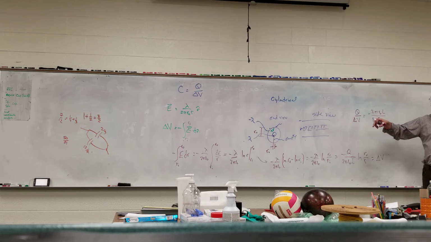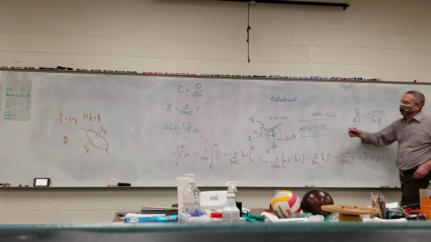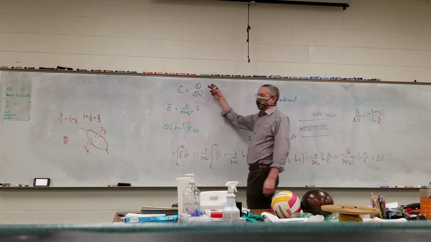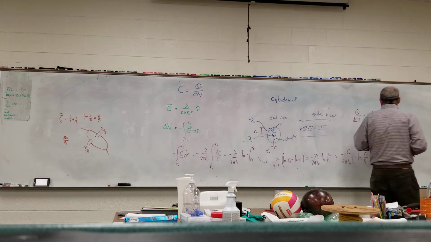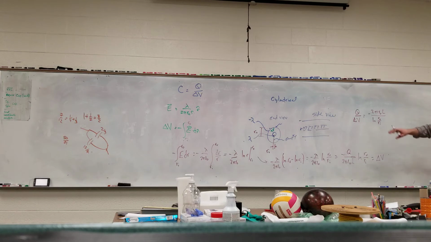Because I went from the inner to the outer, from the positive to the negative in the direction of the electric field. Typically, when you're looking at the voltage, you're going from the negative to the positive plate. In other words, you want a positive potential. But let's make sure that what we have right here is a positive number when I take the minus sign away.